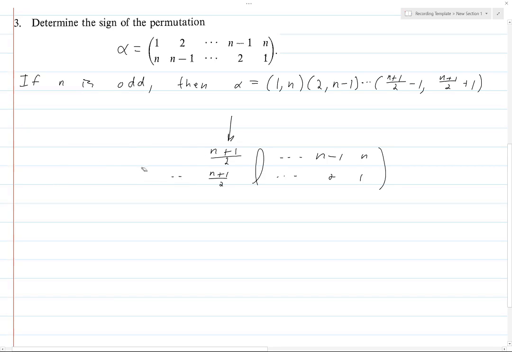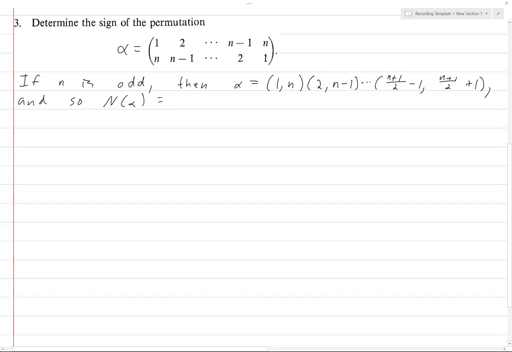Okay, so now that we have that, I'm going to erase this picture, because now we have a formula that we can work with. And so n of alpha, this is the number of transpositions you can break it up into.